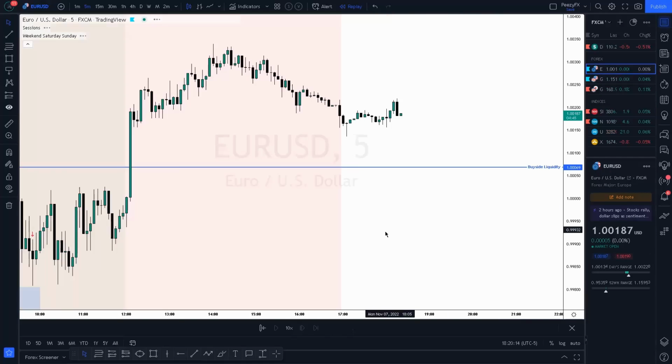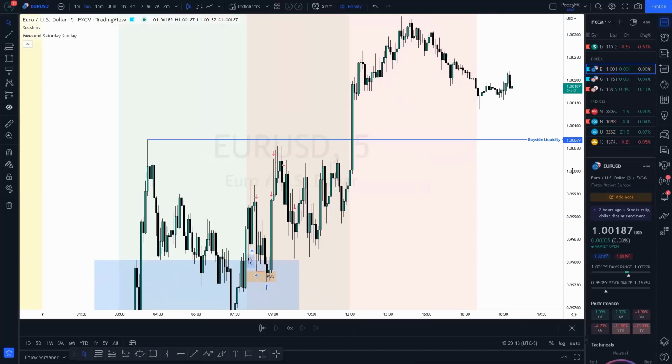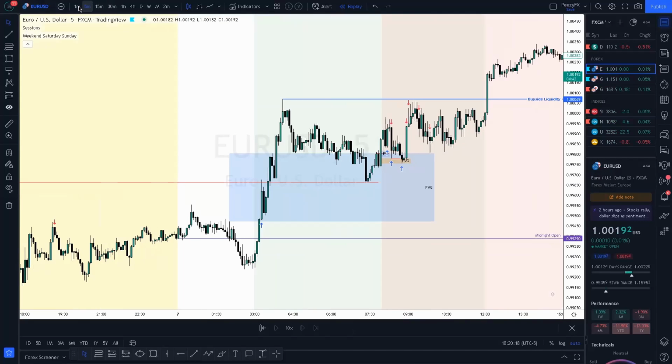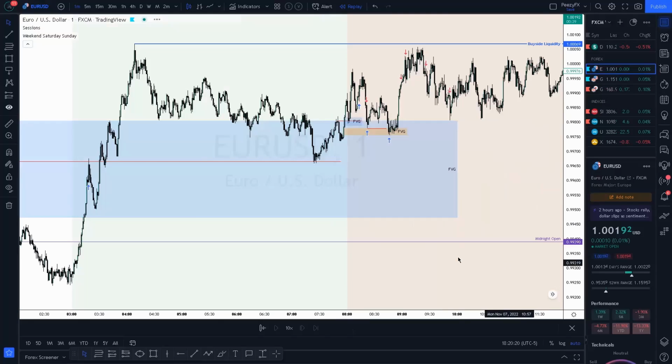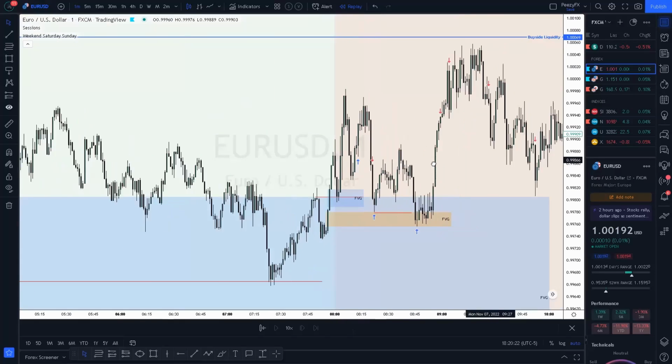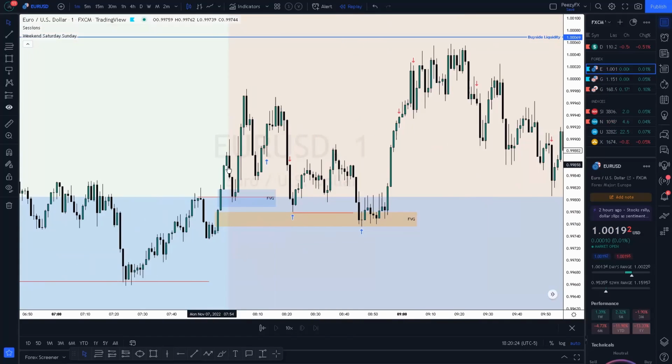I forgot to cut on the execution here on Euro USD. I just wanted to show them to y'all. And I forgot to mention that I failed right here. And what I did right here was, this is when I first got on the charts, I believe. Yep.